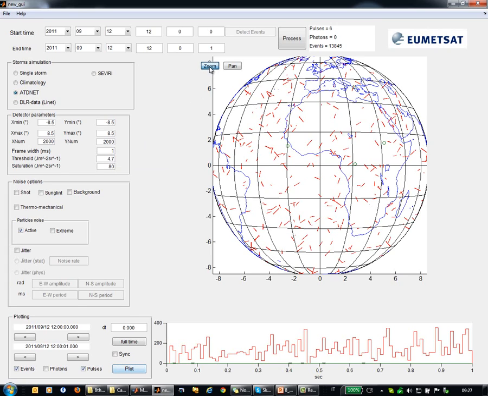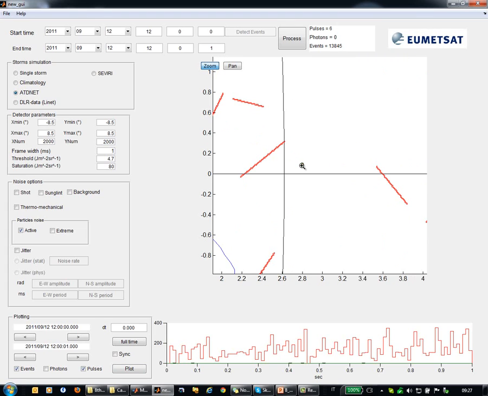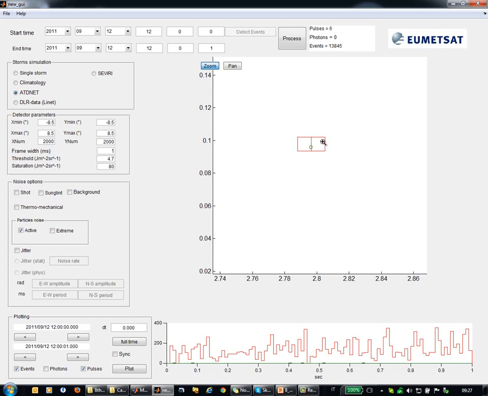Particularly if we zoom towards one of the real pulses, you may see that the pulse triggers few pixels on the matrix. So the real goal of the noise removal algorithm is just to clean up all the artificial tracks, due to the particle presence, leaving only the natural induced lightning events on the matrix.